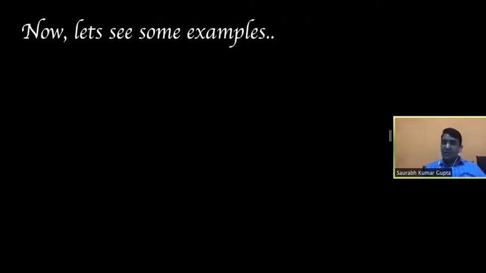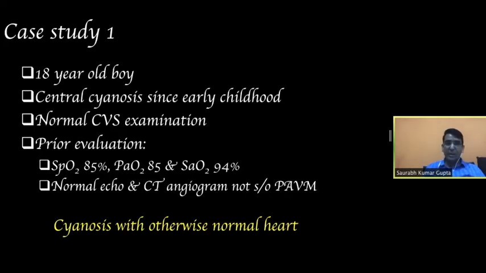Now, since we have discussed the indication, how to do, how to prepare, let's see some examples. This is case study 1: an 18-year-old boy, central cyanosis since early childhood, normal examination, saturation 85%, saturation on ABG 94%, PaO2 85, normal echo. So it is cyanosis with an otherwise normal heart.